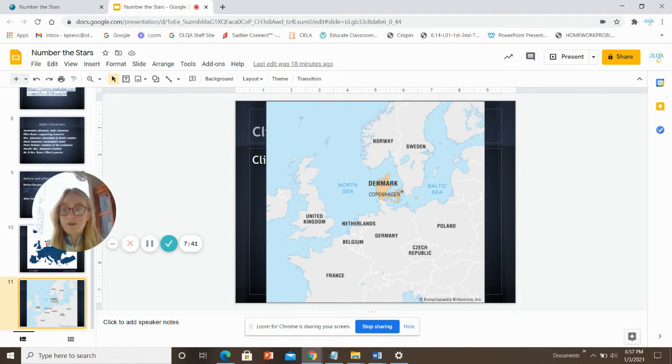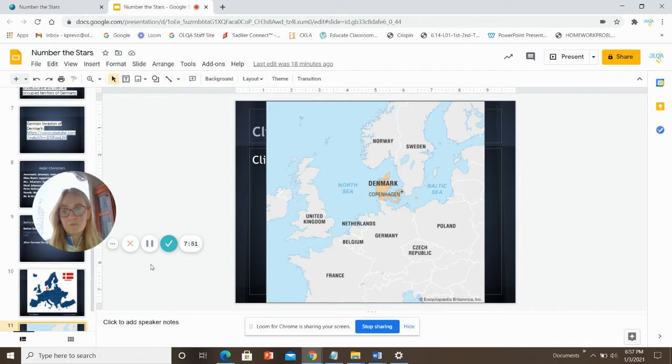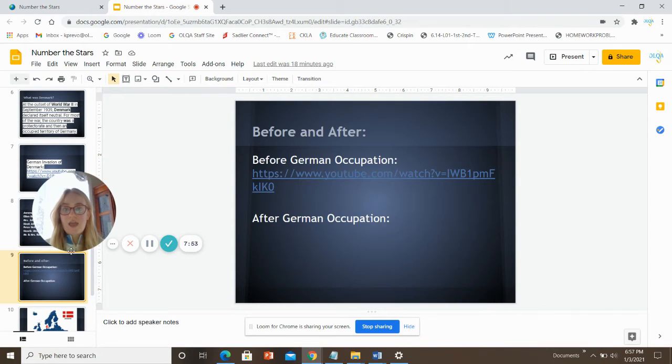So this is going to be a book about people living in Denmark during a time where Nazi Germany ruled their life. And here's just a couple of photos that I want to show you of what the city of Copenhagen, because we're going to be focusing on a city in Denmark, looked like when Nazi Germany had taken it over.